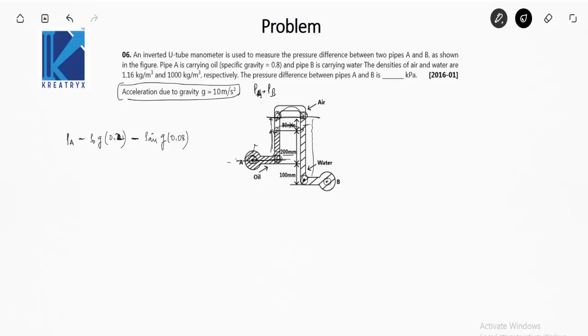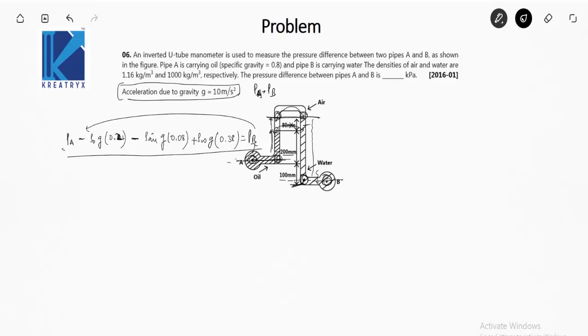So the pressure will increase by rho of water g h, and h will be 0.38 meters. Now you have reached this point. Draw a horizontal line at this point and this point. The pressure will be same because the medium is water and there is no height difference, so that is equal to PB. We reach point B.